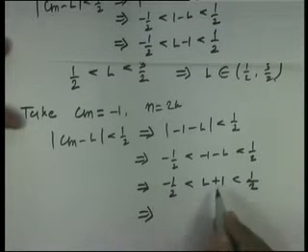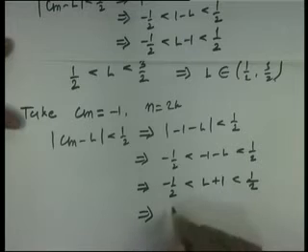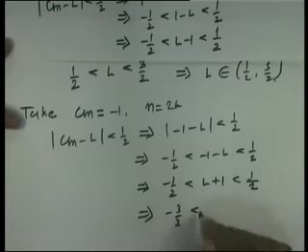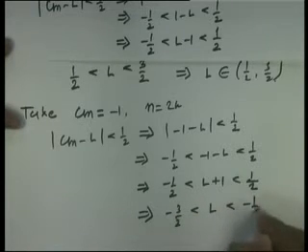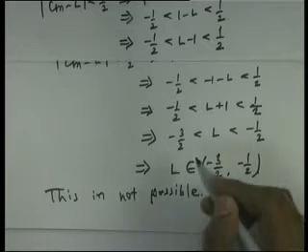If we add minus 1 to all the sides, this is minus 3 by 2 less than L less than minus 1 by 2. This implies L belongs to the interval minus 3 by 2 to minus 1 by 2.